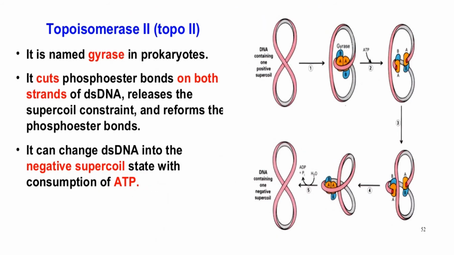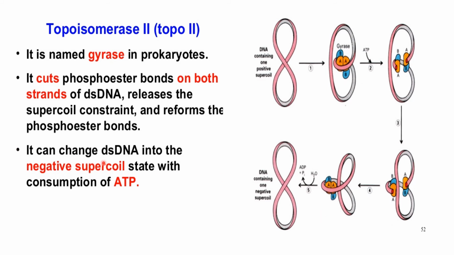Now comes topoisomerase 2. It is named gyrase in prokaryotes. It cuts the phosphodiester bond on both strands of double-stranded DNA, using ATP, and after passing through these constraints, the broken ends are resealed, and then DNA gyrase or topoisomerase 2 is released.